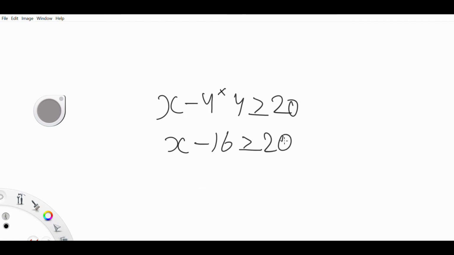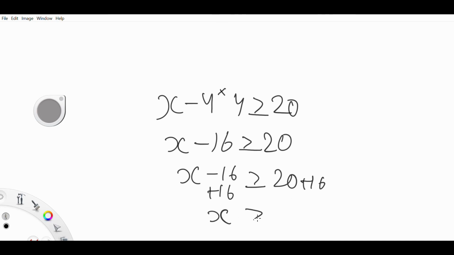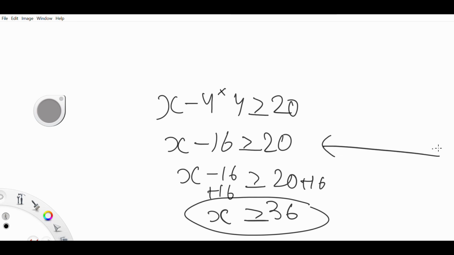And then all we need to do is add 16 to both sides to get x minus 16 plus 16, greater than or equal to 20 plus 16. And then we would get x is greater than or equal to 36. And that would be our solution. And we could graph this like so, remembering the closed dot and open dot.